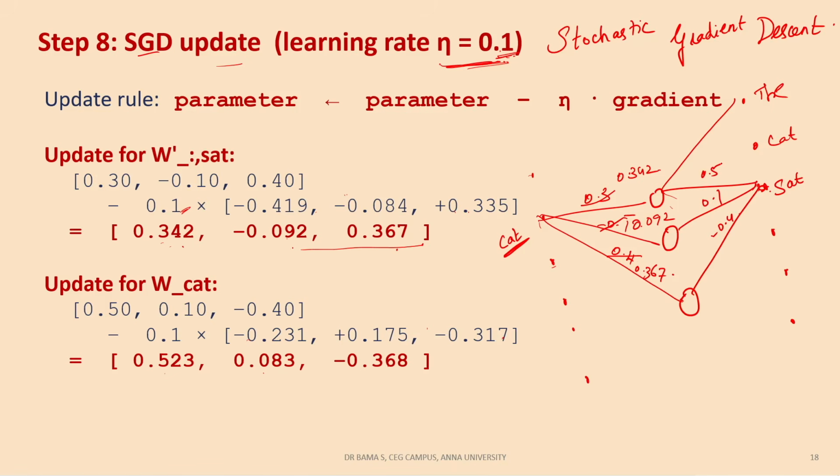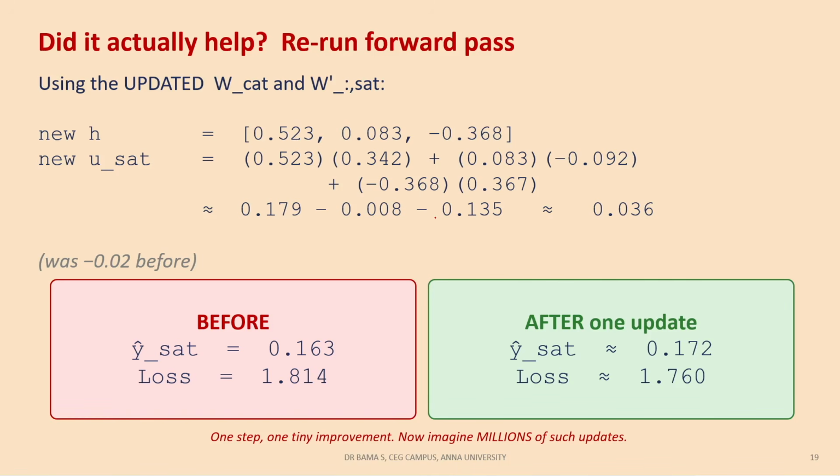Now, it has moved to 0.523, 0.083 and minus 0.368. So, you can see that it has moved from 0.5 to 0.523. So, this is what is being said here. The new H is these values, the new U, the output, is this. Earlier it used to be 0.163 and after one update it is 0.172.